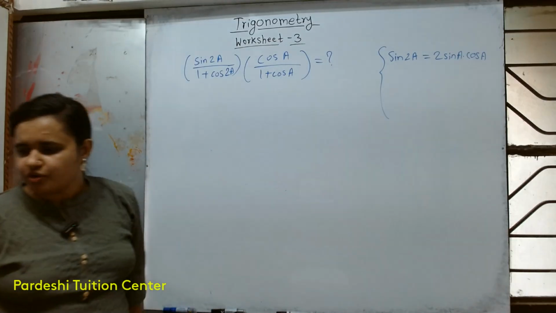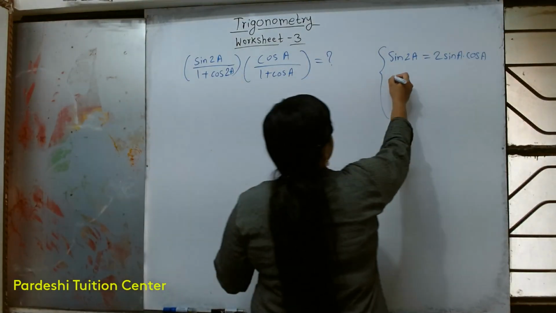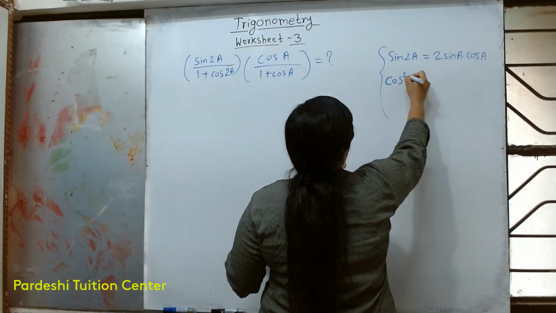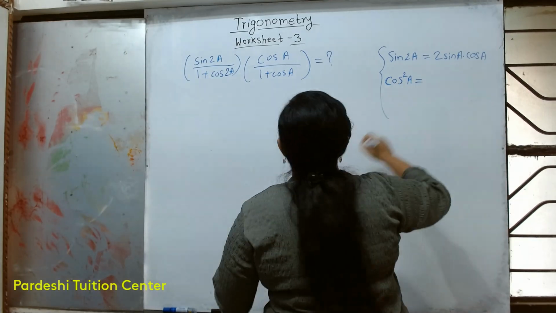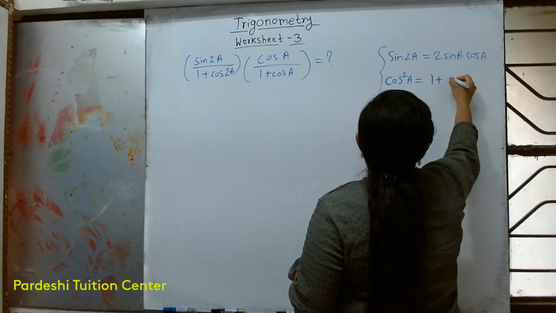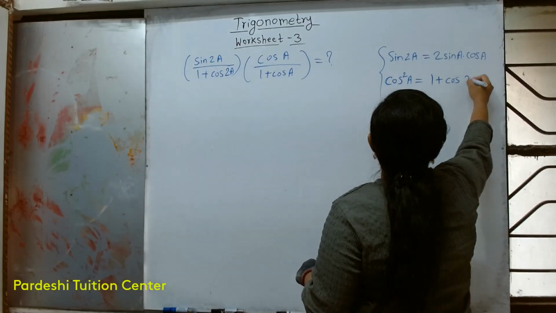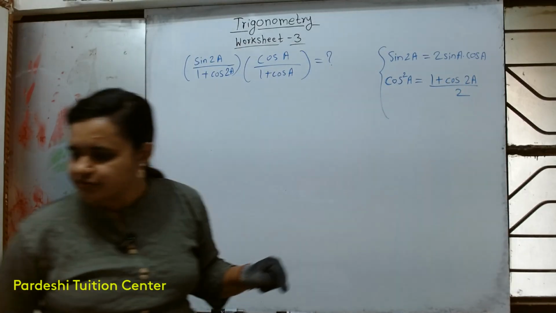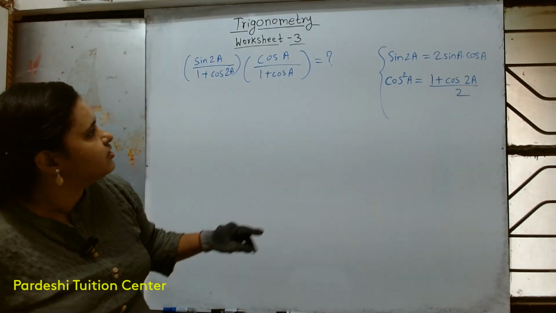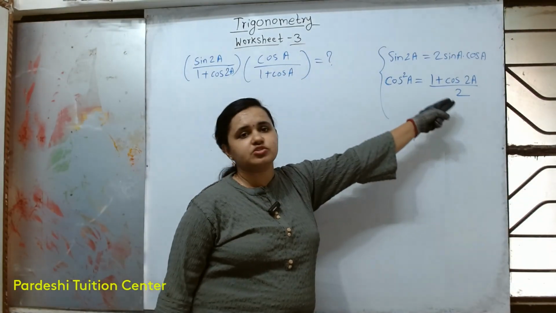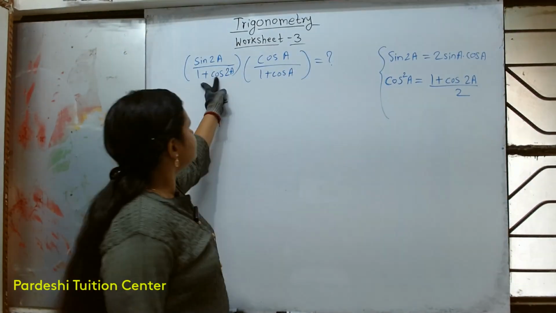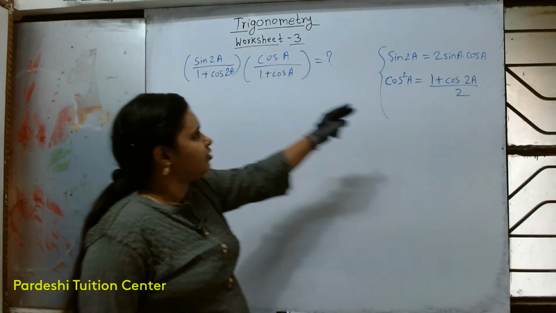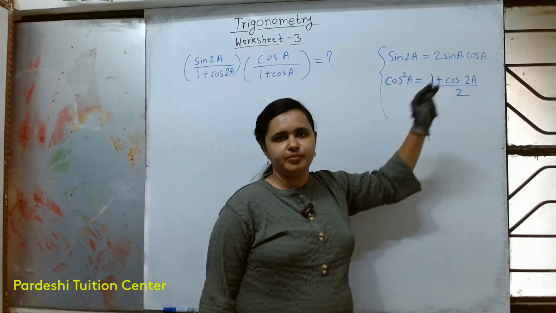It was the formula for cos square a. Cos square a equals 1 plus cos 2a upon 2. That was the formula. So here it is 1 plus cos 2a, and from this we can calculate the value of 1 plus cos 2a.